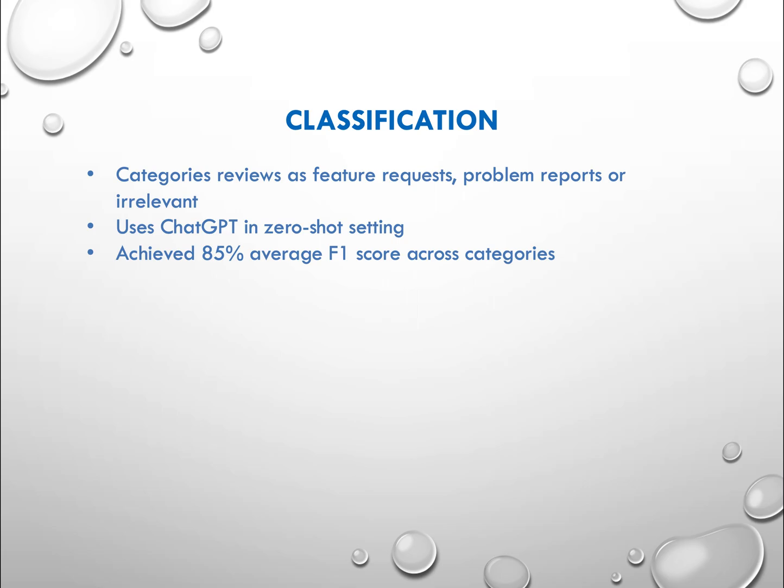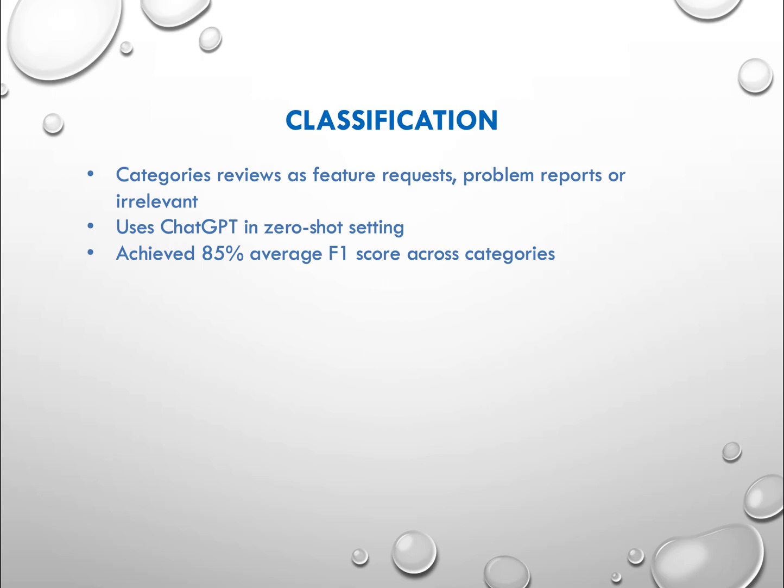The dataset was split 80 by 20 for training and testing the five baseline models, while ChatGPT inferencing was run directly on the test set. All models were tasked with categorizing each review as either a feature request, bug report, or irrelevant review.